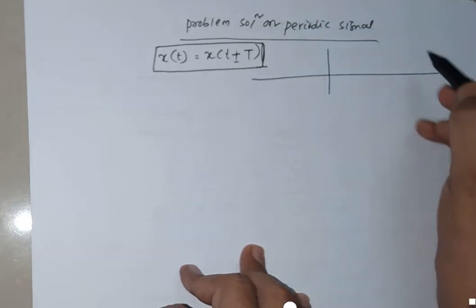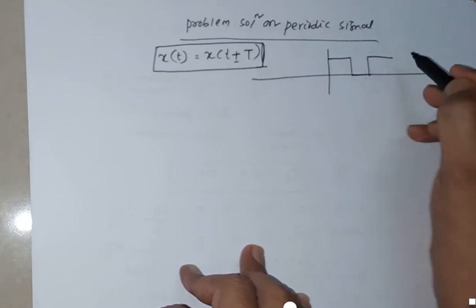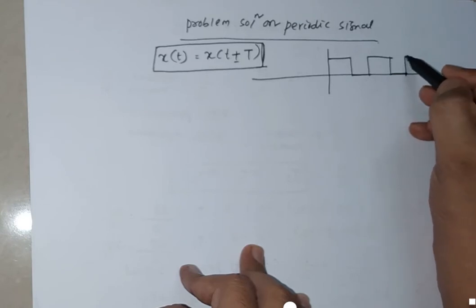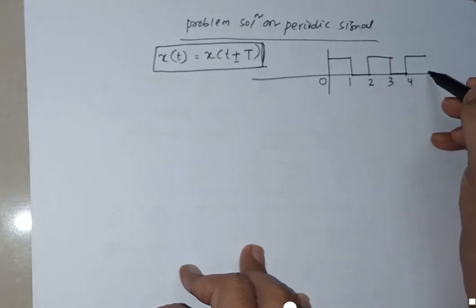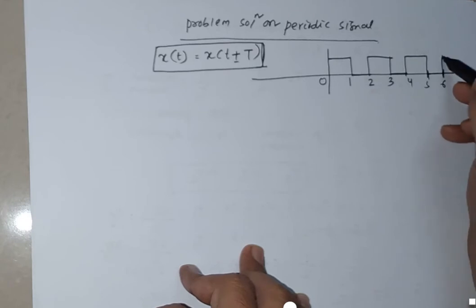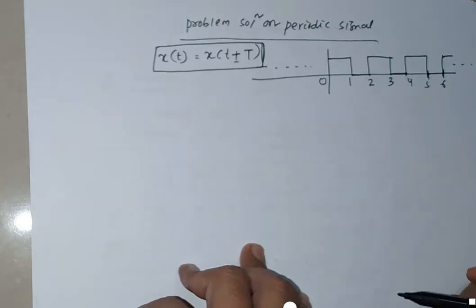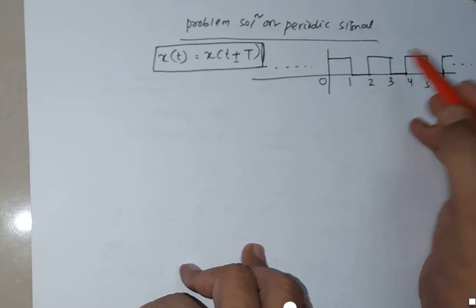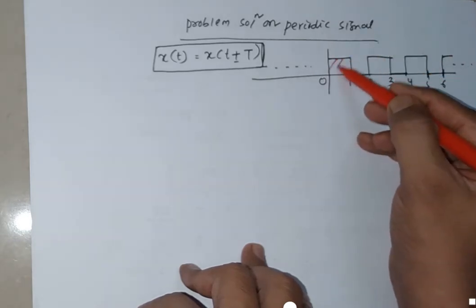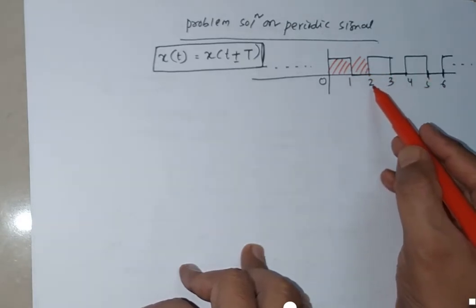For example, I will take one example. Let this signal, if you take this signal, 0, 1, 2, 3, 4, 5, 6, like this. If you see this signal, it is easy to understand that it is a periodic signal, because this portion repeats after an interval of 2.